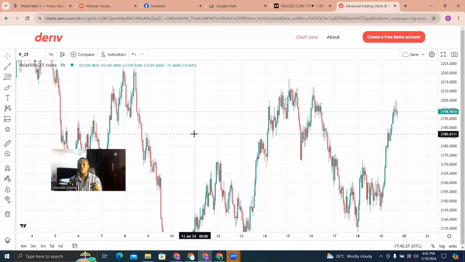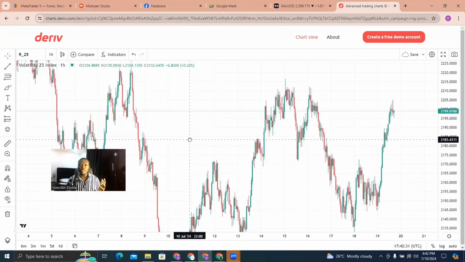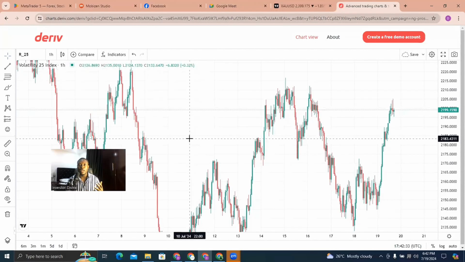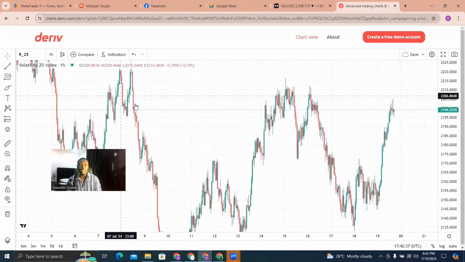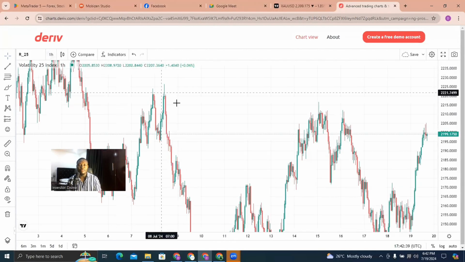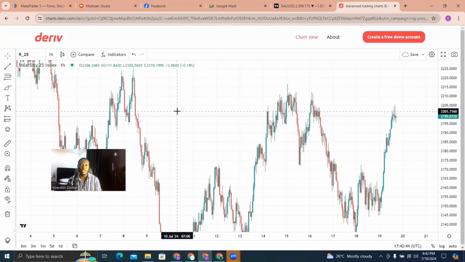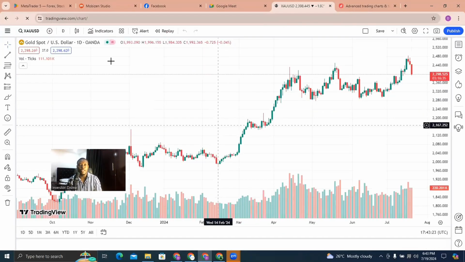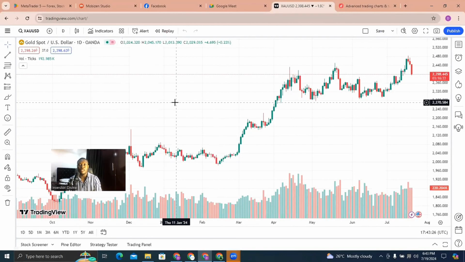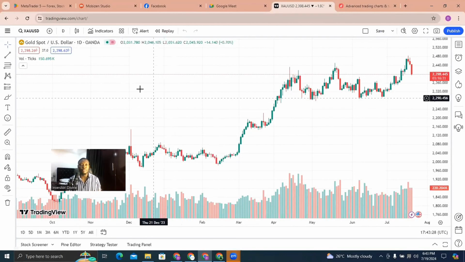Now, there's an important thing I forgot to mention in the previous introductory class. This chart I'm in right now is called the synthetic market, the forex synthetics market. Why? This one over here is called the currency market, the forex currency market.